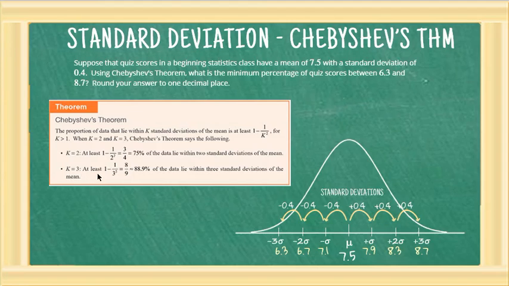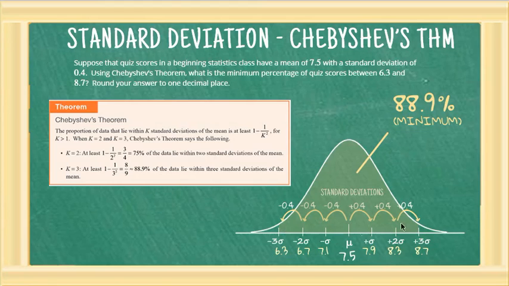They got it from 1 minus 1 over 3 squared, but all we need to remember is that within 3 deviations, 8/9 or 88.9% must fall within there, no matter how weird the spread is. Probably a lot more, closer to 99% usually, but at the very minimum, 88.9% will fall in there.